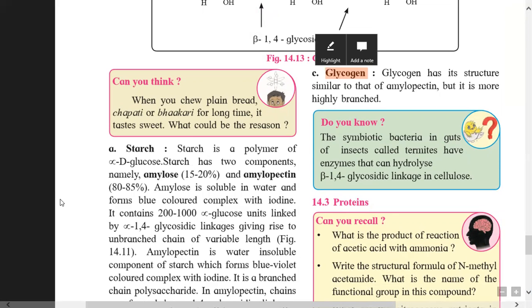Amylopectin is a branched polymer present in starch. It is more highly branched in glycogen, and that is about the structure of polysaccharides. That is, the polysaccharides given in our syllabus are starch, cellulose, and glycogen.